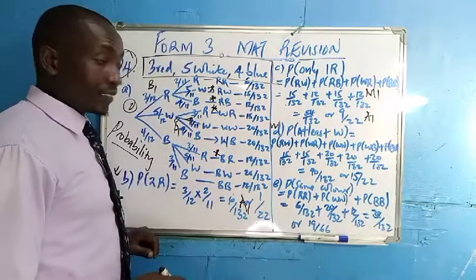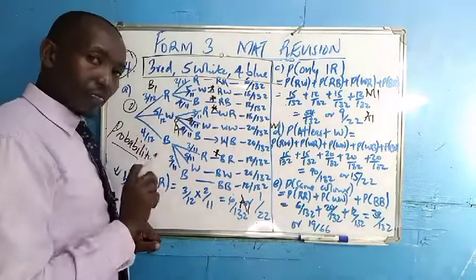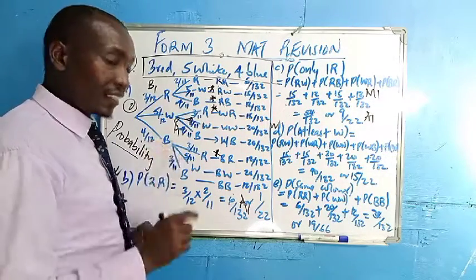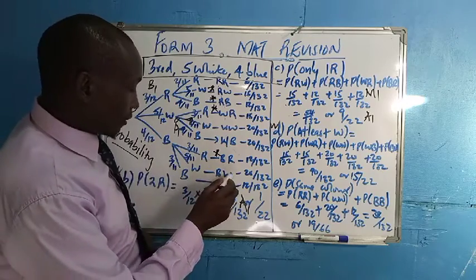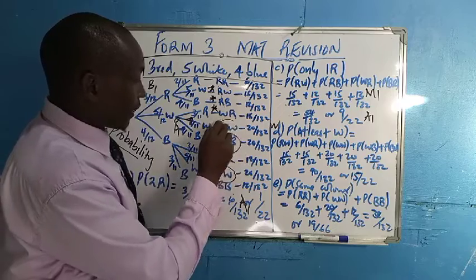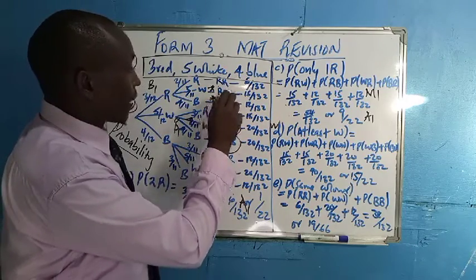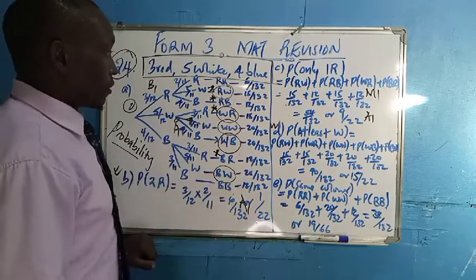And with part D, the student is expected to find the probability that at least there is a white. At least there is a white. So let's go to where at least I can see a white. Over here I can see a white. Over here I can see a white. I can see a white. I can see a white. I can see a white. 1, 2, 3, 4, 5. Yes.